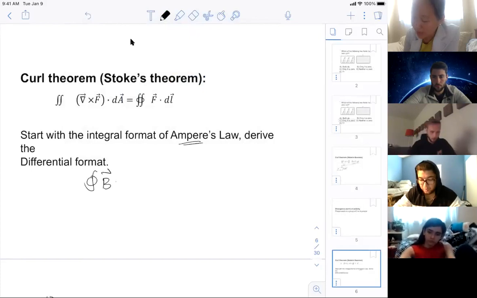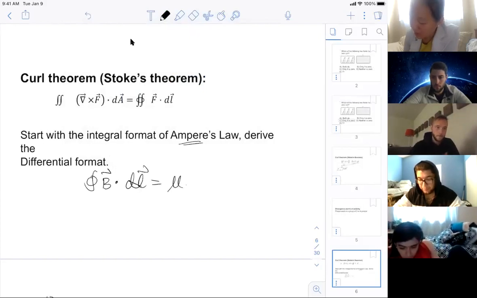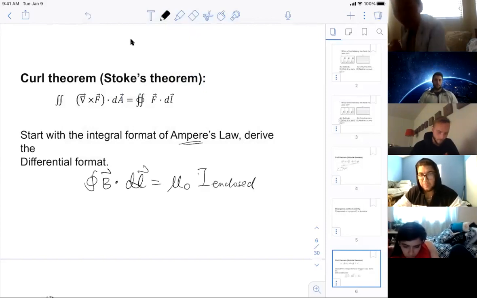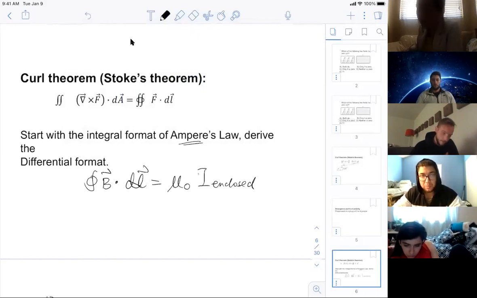So B dot into what? dl, equals mu naught. So what produces a magnetic field? A current. Times current enclosed. Excellent. So this is Ampere's law, and we're going to derive the differential format.